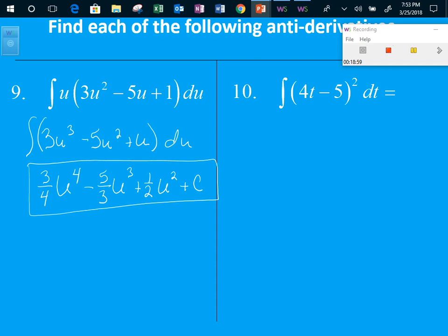My number 10, we're going to FOIL this out first, aka we're simplifying this, so this becomes the antiderivative of 16t squared minus 4 times 5 times 2, so minus 40t plus 25 dt.